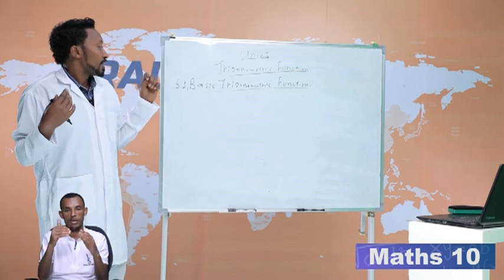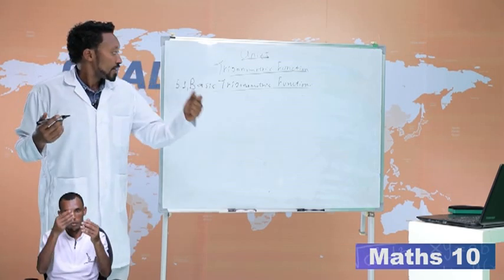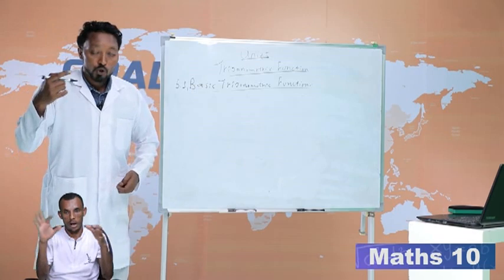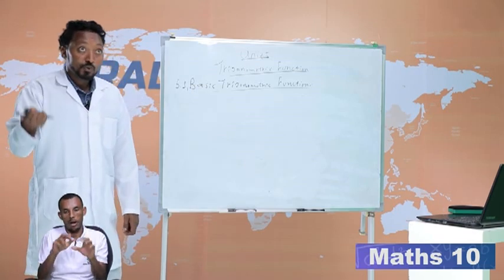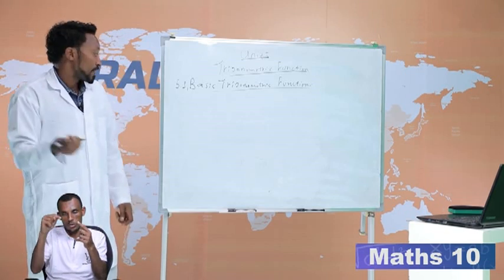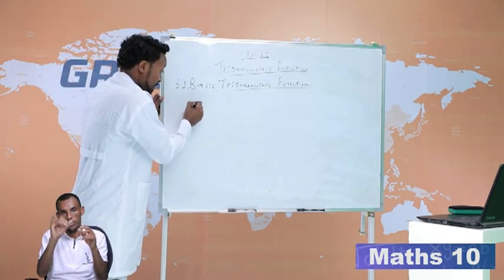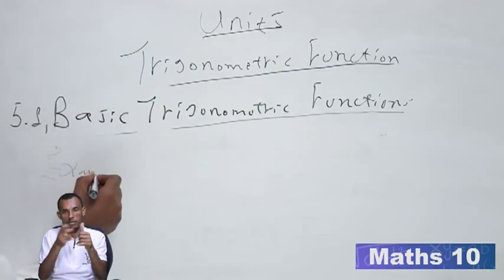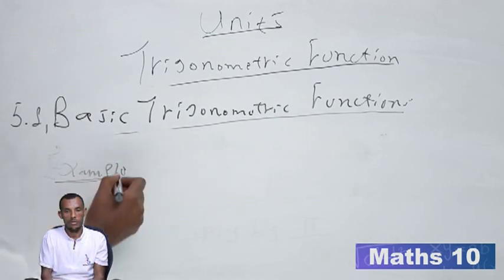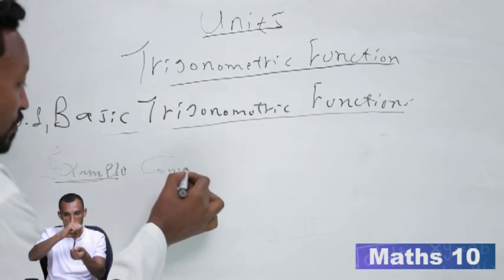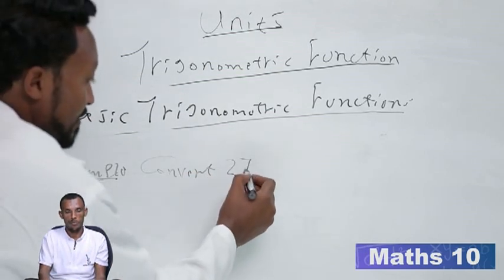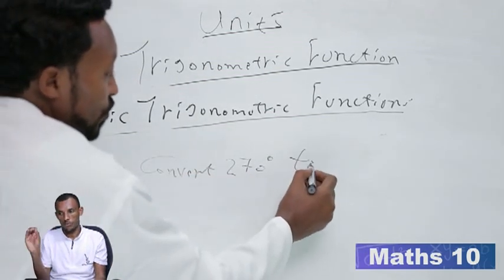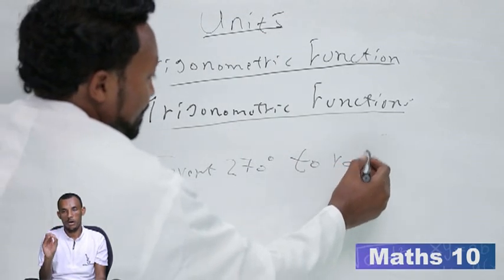Let me give examples related to converting radian measure to degree and degree measure to radian measure. The first example, A: convert 270 degree to radian.